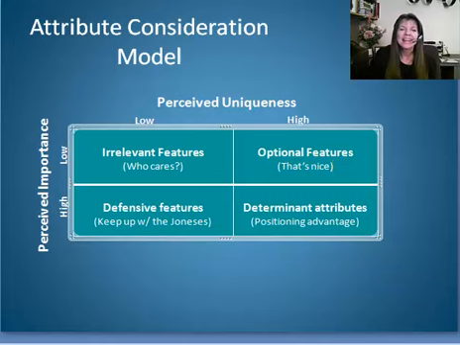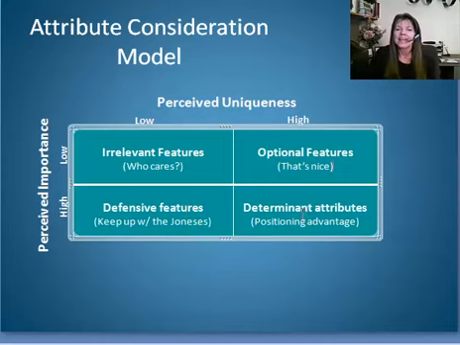Okay? Then we get to the high importance ones. So if we look at the cell, high importance, but low uniqueness, this is what we call defensive features. An example would be wanting that attribute just because let's say your neighbors tend to have it. Okay, so the attitude might be keeping up with the Joneses, defensive features.